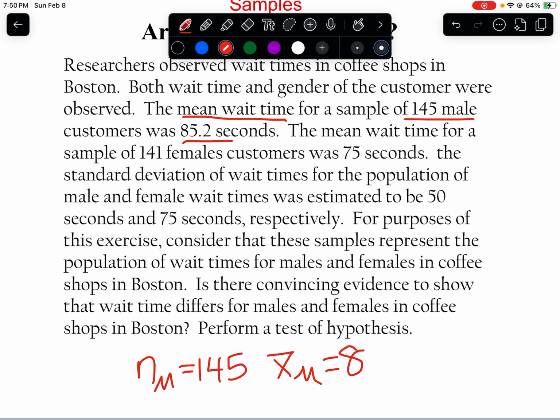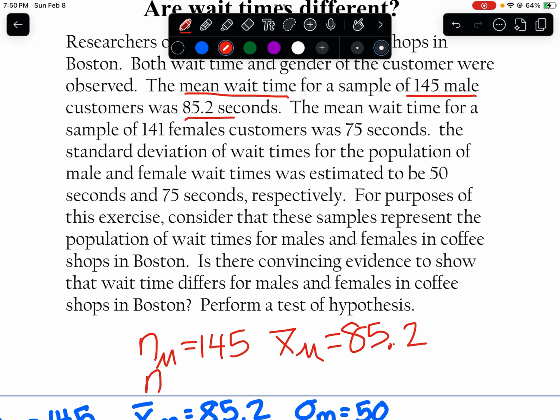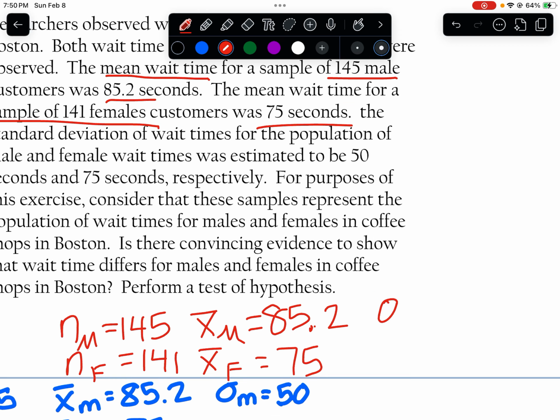The X bar for males was 85.2. And then for females, we had a sample of 141, so NF would be 141. X bar F was that 75 seconds.